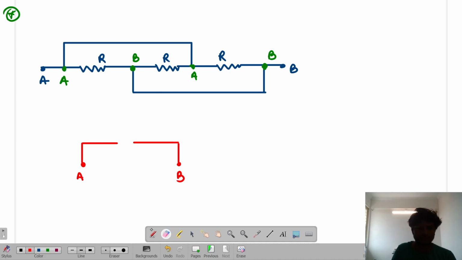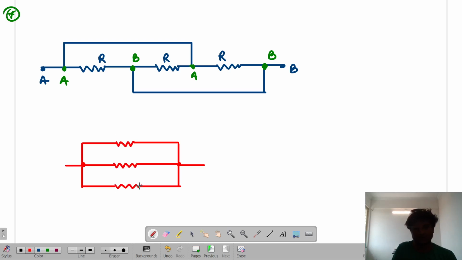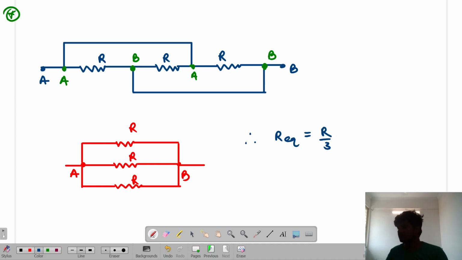B to A, one more. That's your answer. A to B, and all are R, R, R. Therefore, R equivalent is how much? R by 3. Is that clear?